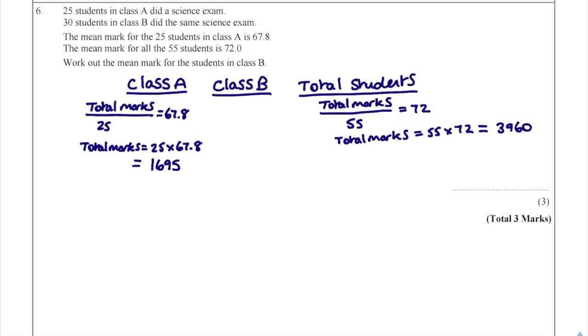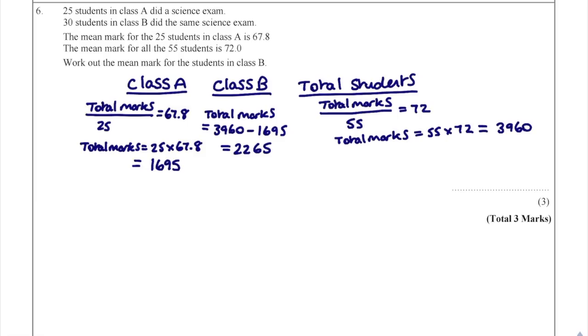Well, that means I can work out what the total number of marks is for just Class B. Their total marks is just going to be 3,960 minus 1,695, which is 2,265.